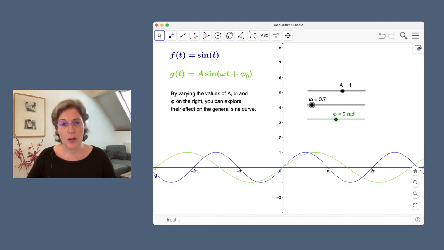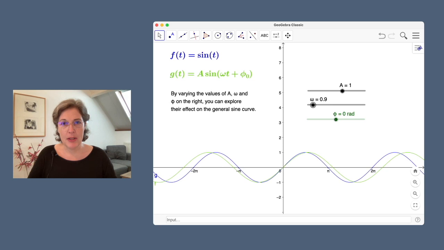So here with an omega of 0.7, my green function is only completing 0.7 of a full oscillation over the time period 0 to 2 pi. And in fact, to complete the full oscillation, it needs almost 3 pi time. Now, I could have also had negative omegas here. You can think about that for yourself and figure out what that means, but I think we've got the general idea.